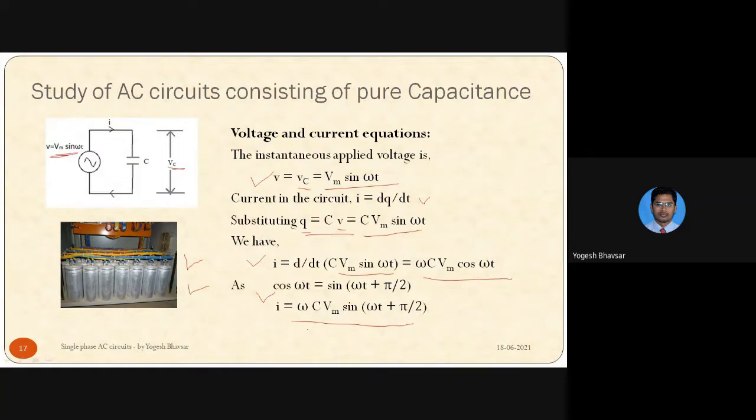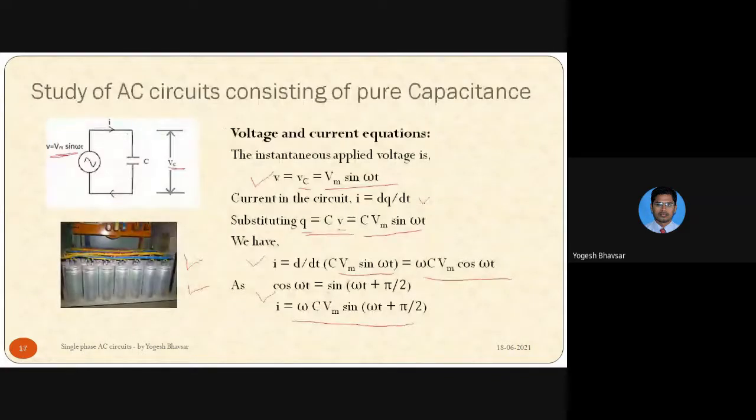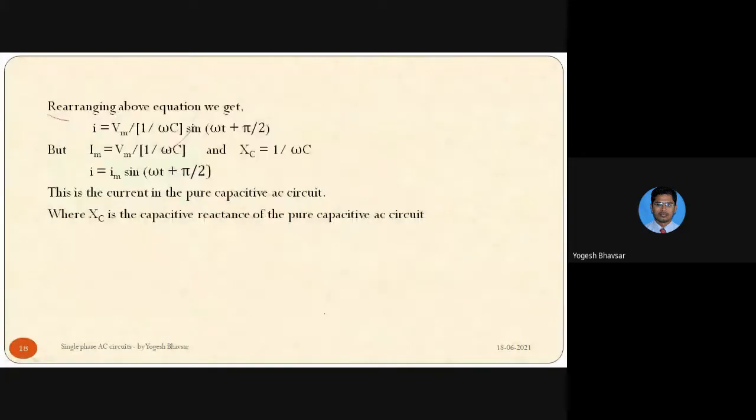So we have adjusted it in terms of sine, because the original equation and the waveform are sinusoidal. We need to arrange it in terms of the sine wave. By rearranging the above expression, we get I is equal to Vm by (1 by omega C) sine of omega t plus pi by 2. We have to arrange this omega C in the denominator, so it becomes 1 by omega C, right?